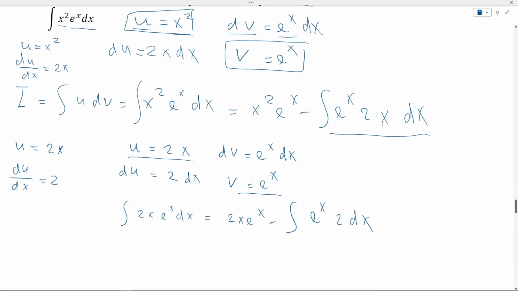Now this is something that I can do. It is 2x e to the power x minus 2 e to the power x, because 2 times this gives me this, plus constant. Okay, so now I have this guy here.